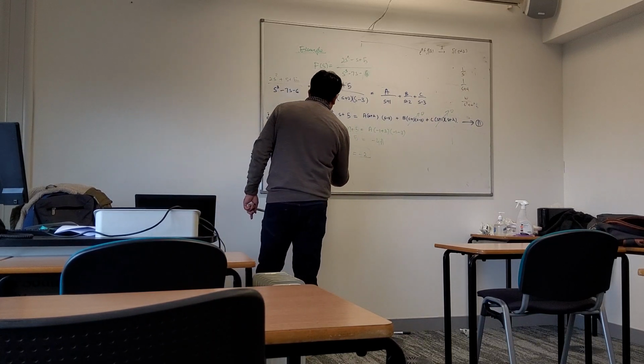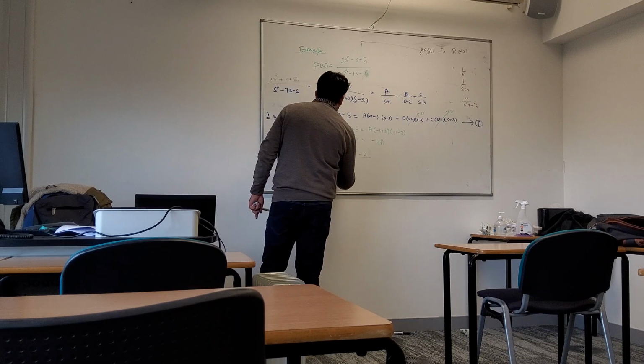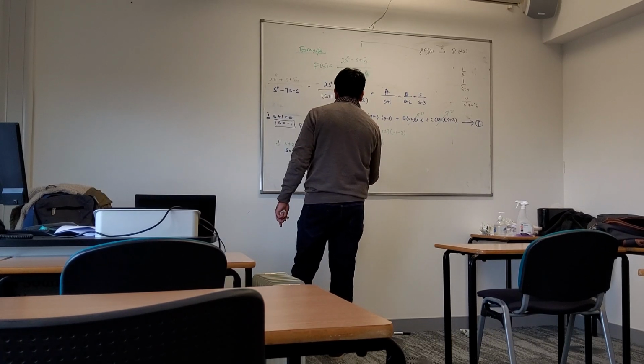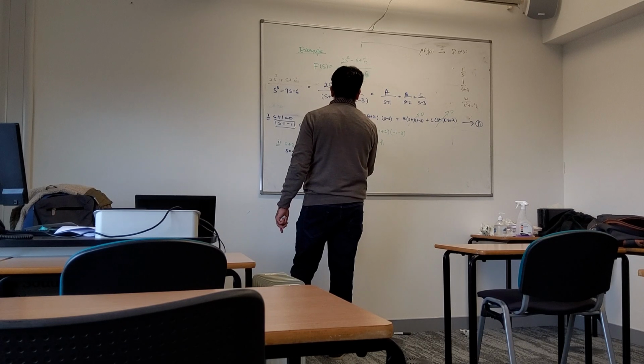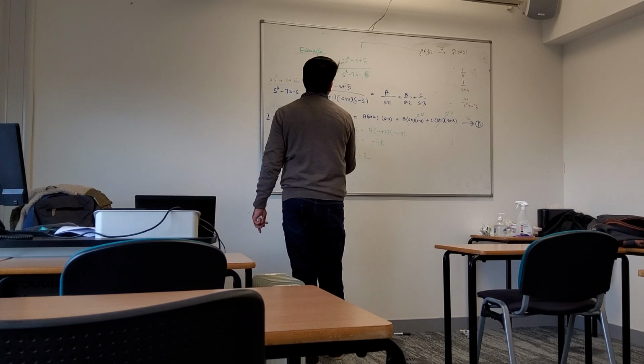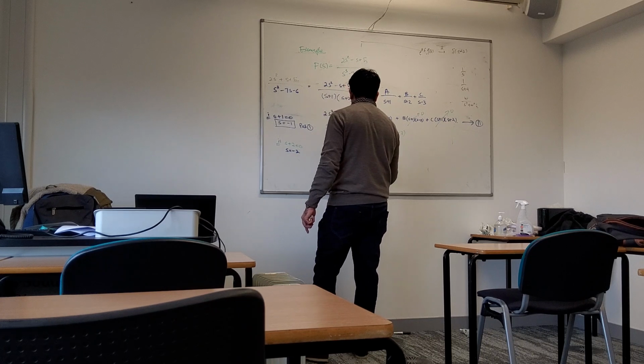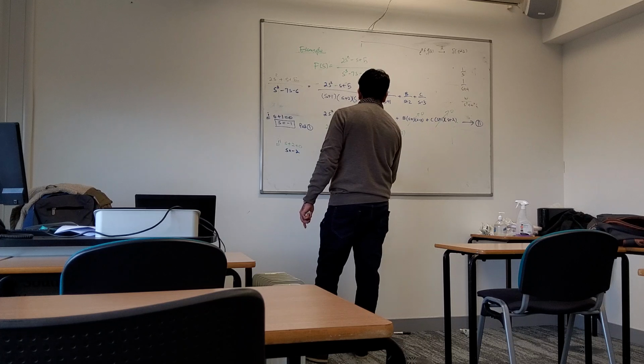So it would be 2 into -2 squared, -2 plus 5.